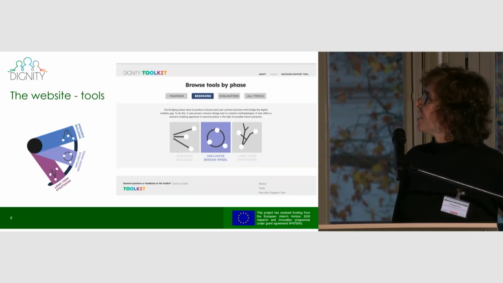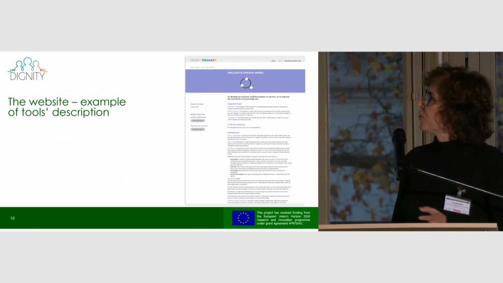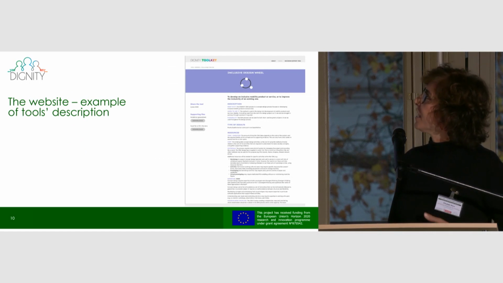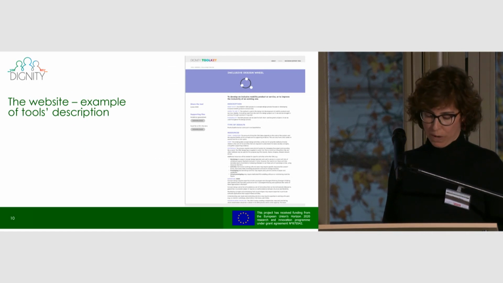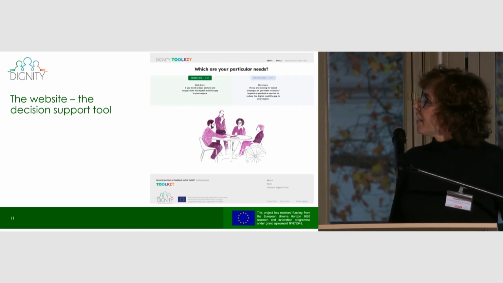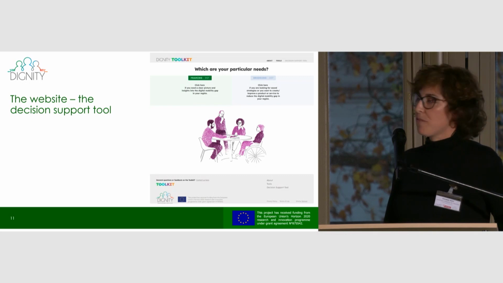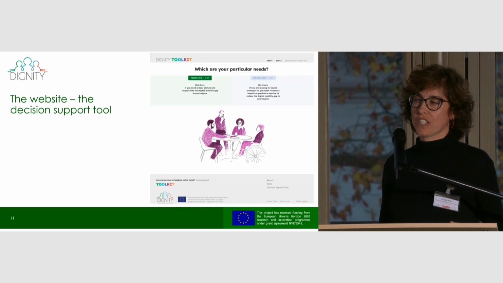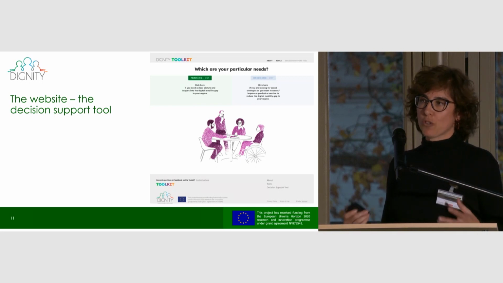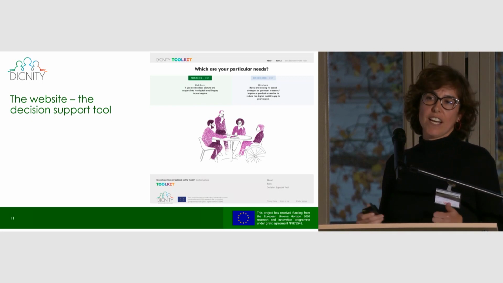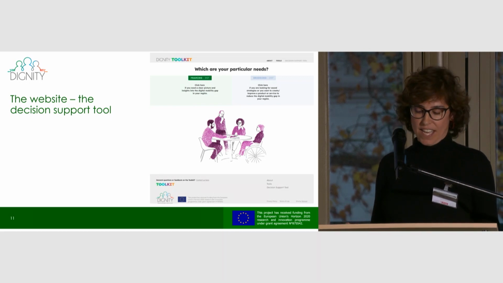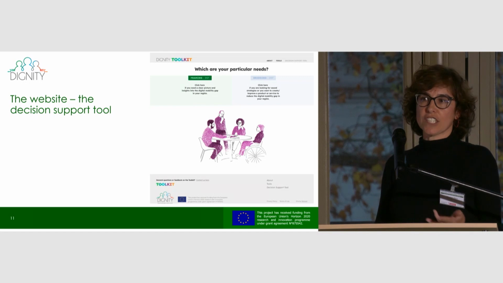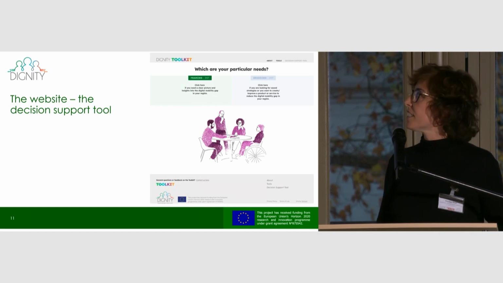For instance, this is the bridging phase, and you would find here all the information on the inclusive design wheel. And the other element of our website is the decision support tool. For instance, here, imagine that you are a stakeholder, because this website is addressed to key stakeholders, policymakers, practitioners, IT designers, or representatives of end users.